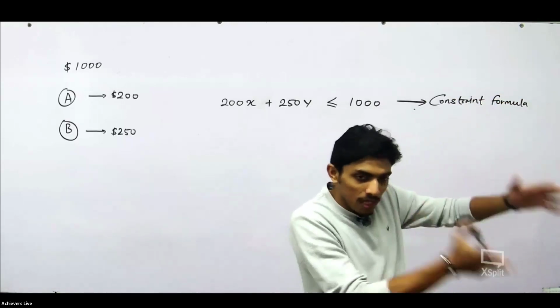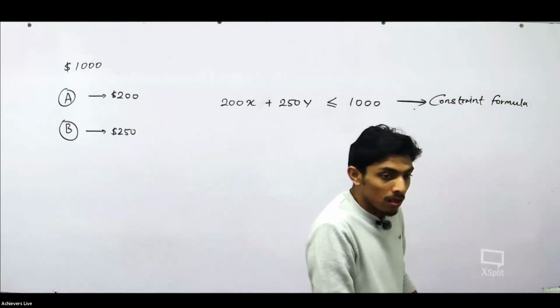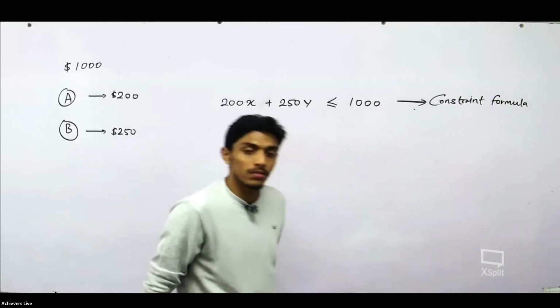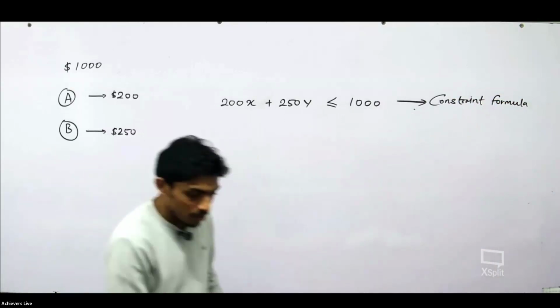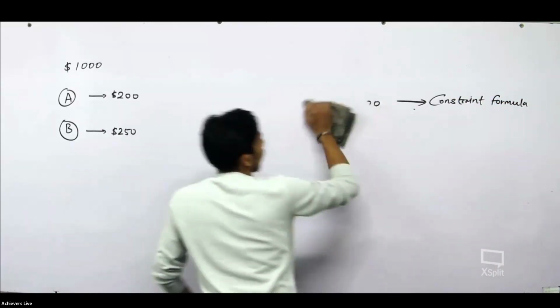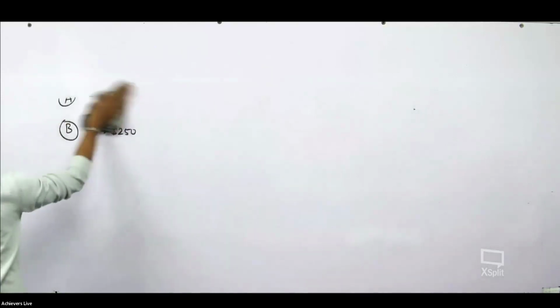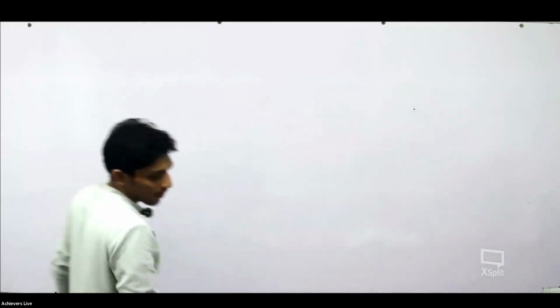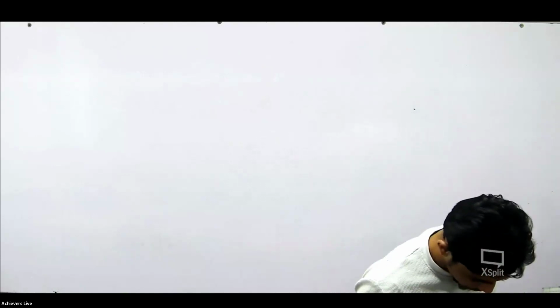For each and every limiting factor, we have to construct a separate constraint formula. After solving those separate constraint formulas only, we have to do the calculation. Got it? Right. So let me start with the question number 1. It's a basic question just to give a rough idea. It is a bit technical, you have to be focused. If you get any doubts, you can ask.